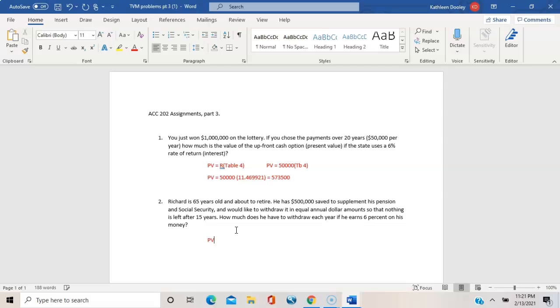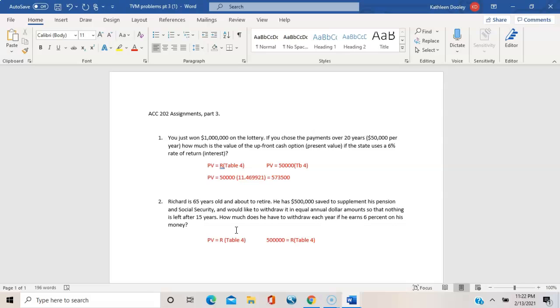So we have PV equals R times table 4. So PV, which is 500,000, equals R times table 4.